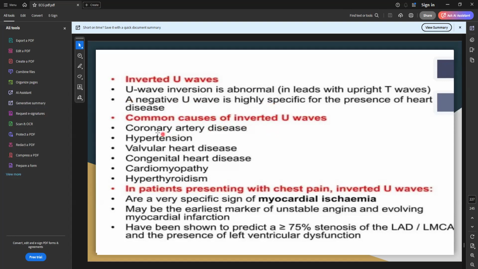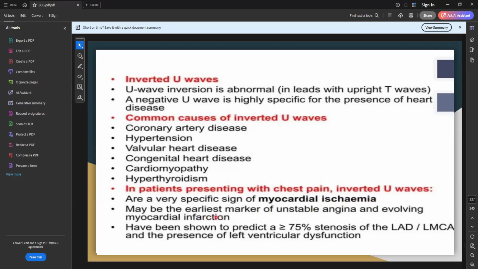Common causes include coronary artery disease, hypertension, congenital heart disease, cardiomyopathy, hyperthyroidism. So whenever a patient comes to you with a history of chest pain and with inverted U waves, this is an indication for underlying myocardial ischemia. So you have to consider further evaluation of the patient.